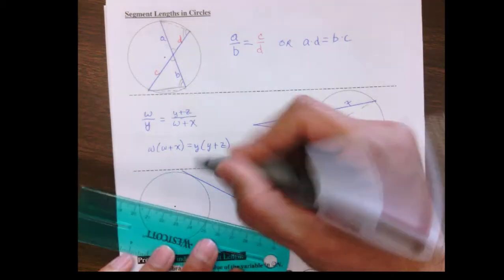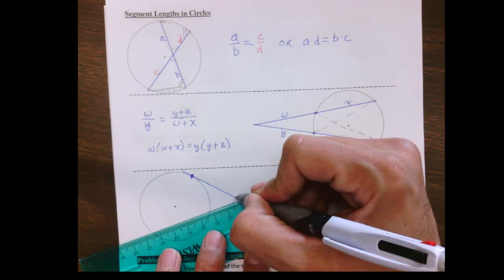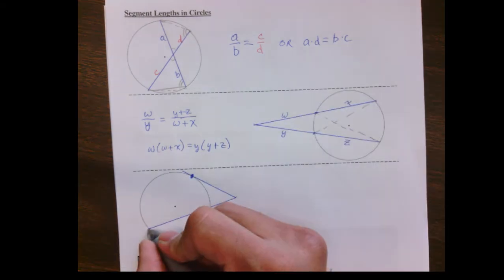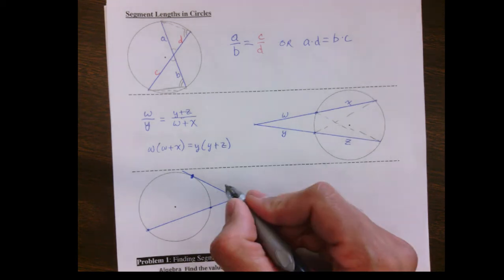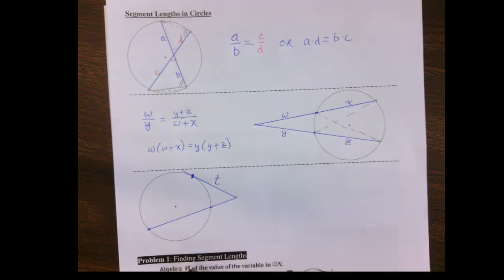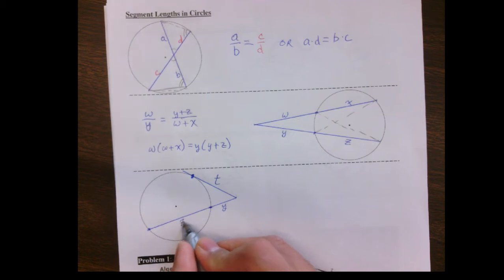I shouldn't have drawn that too far, because we're going to stop at the point of tangency. A tangent line and a secant line intersecting outside of a circle. And let's call this T. And then this segment out here, we'll call that Y. And then we'll call this segment inside here Z.